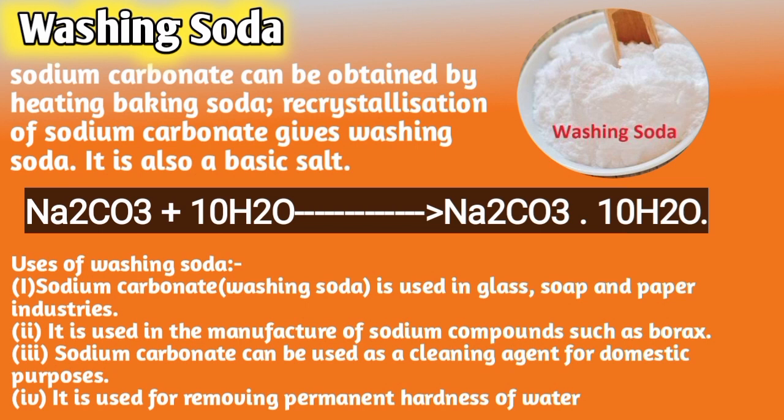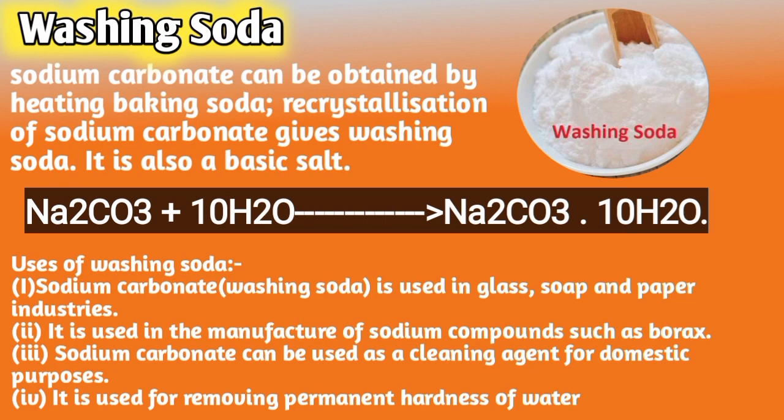And finally, sodium carbonate can be used as a cleaning agent for domestic purposes in our daily life. These are the best points for washing soda in daily life. This question is also asked every time, two questions: how to prepare washing soda and what are the uses of washing soda.